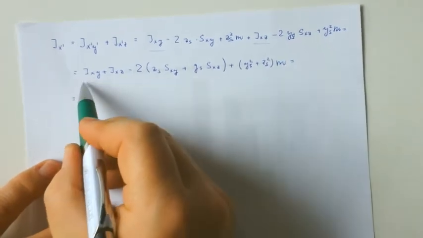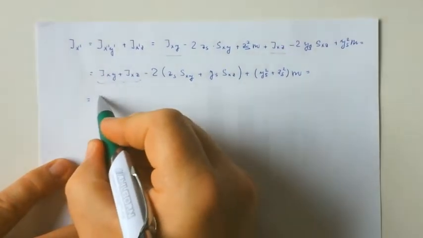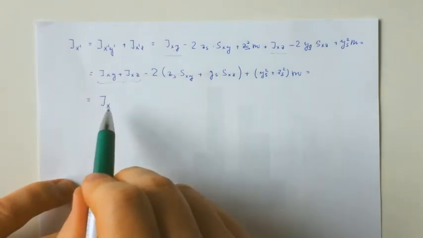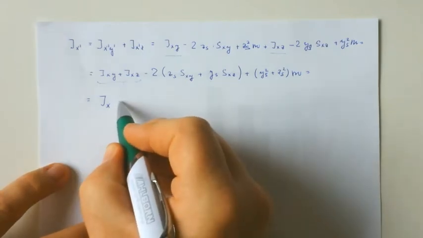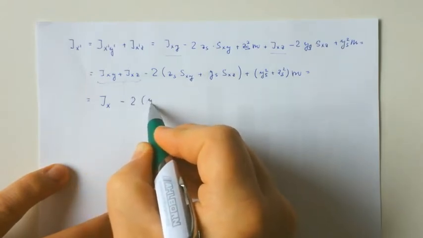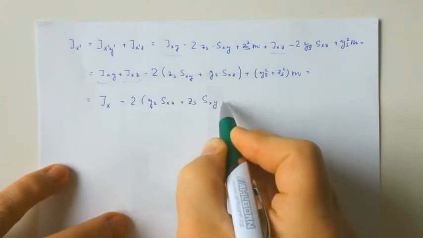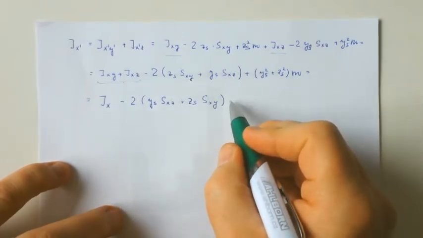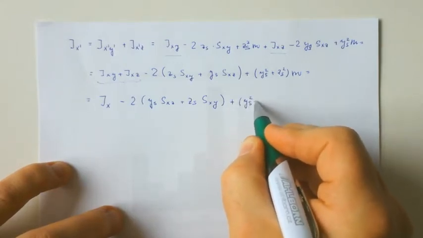What is finally, because if we add this together, nothing else than Jx, the moment of inertia with respect to the original coordinate system to axis x, minus 2 by ys Sxz plus zs Sxy. I only changed the order, it's a formal aspect of the calculation, and plus ys square plus zs square m.